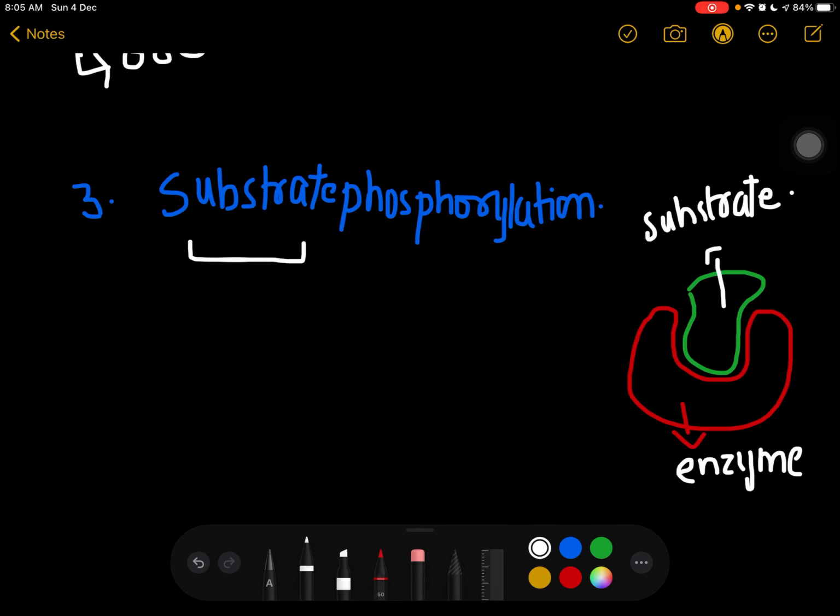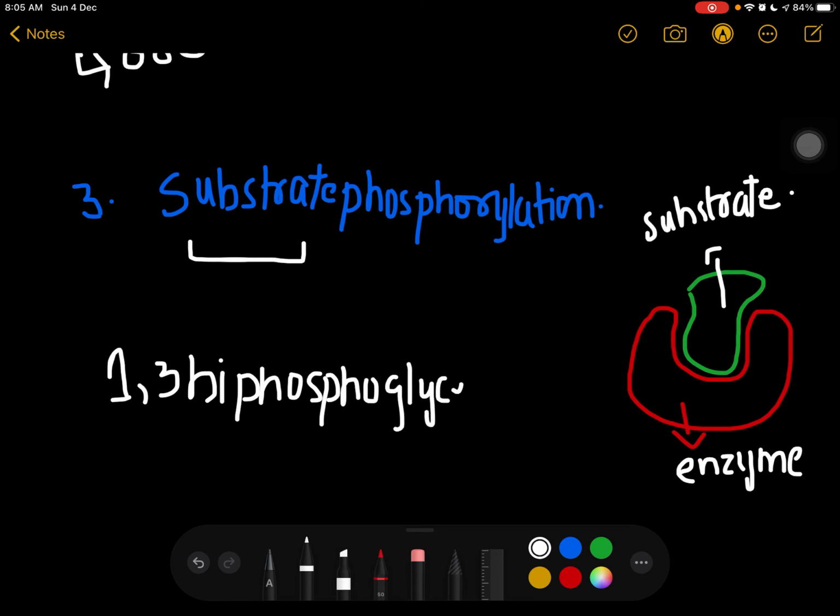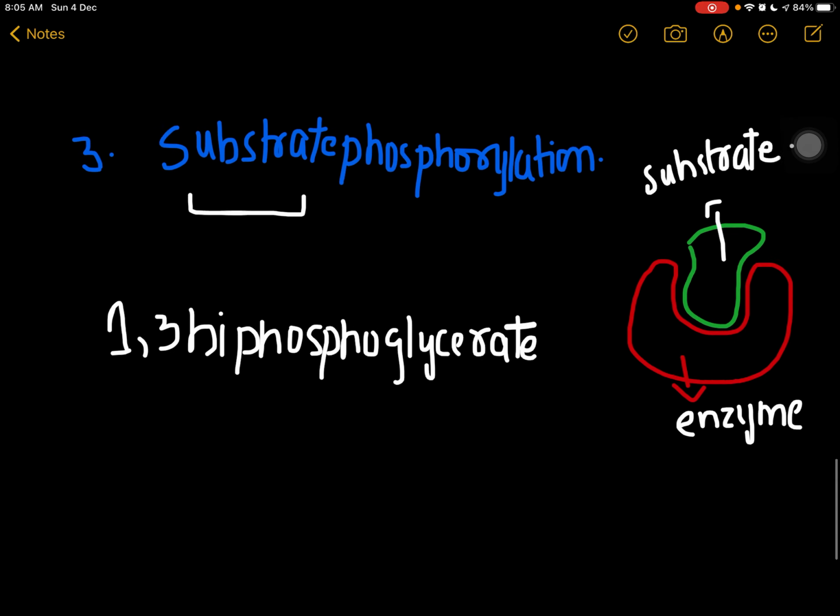For example, 1,3-bisphosphoglycerate. So this is a compound which will be used in photosynthesis, right?